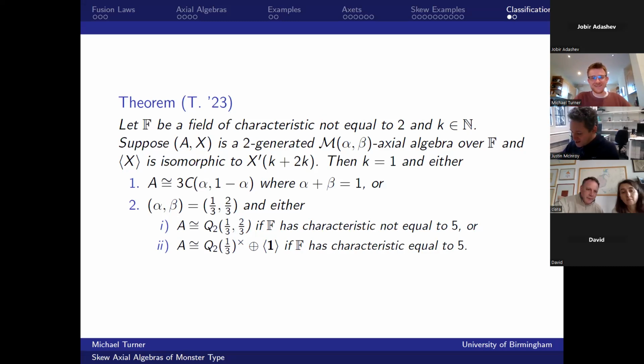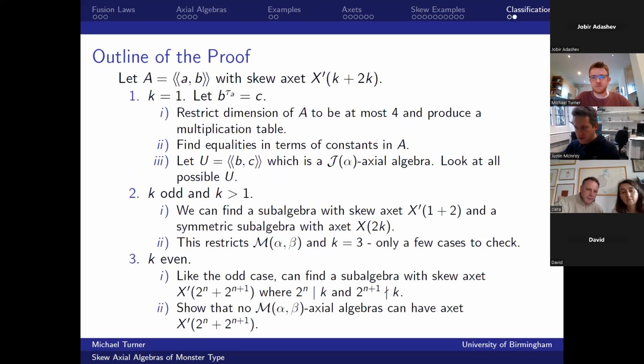Also, in terms of the way you've gone about proving this, it seems like there's a couple of different things which have gone into that. So you need to know a classification of the symmetric ones, and then a number of your other steps seem like they might extend to a different fusion law, perhaps.